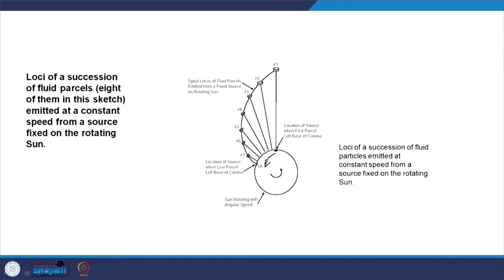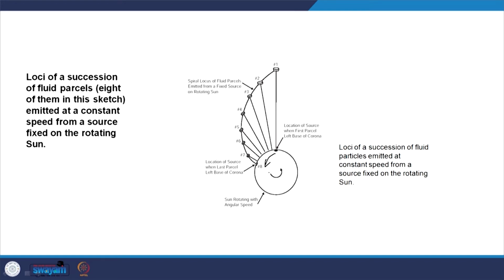Now, if you trace the location of the first parcel of solar wind that is emitted from the sun and think that its location is this point, it will not be correct. That means the point where the parcel was emitted has travelled away to a different point, and the loci of the parcel will look something like this, right.